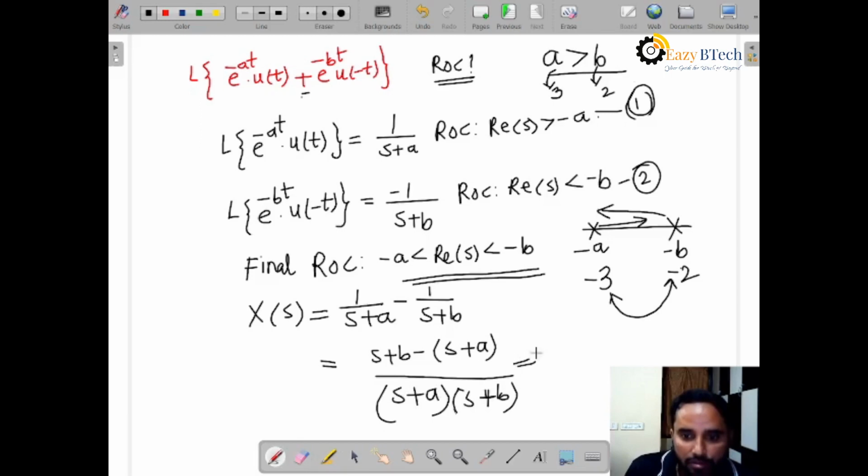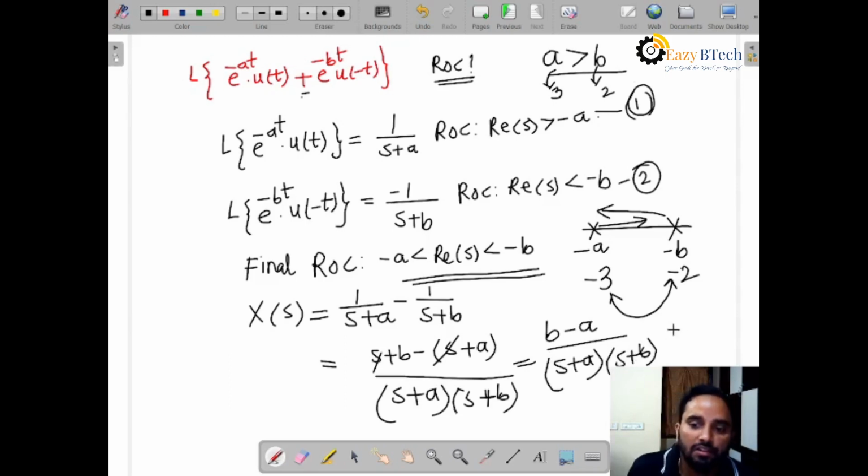Here we can simplify, s gets cancelled, and we get (b-a)/((s+a)(s+b)). So this is the final answer: (b-a)/((s+a)(s+b)).